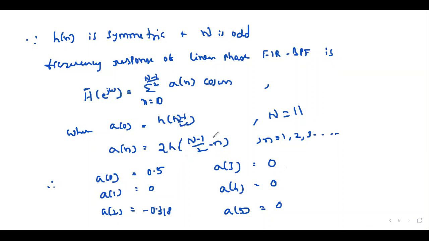I'll tell you the a of 2 value. Here, a of n is 2 h of (N minus 1) by 2 minus n, which is 5 minus 2, equal to 2 into h of 3. What is h of 3?